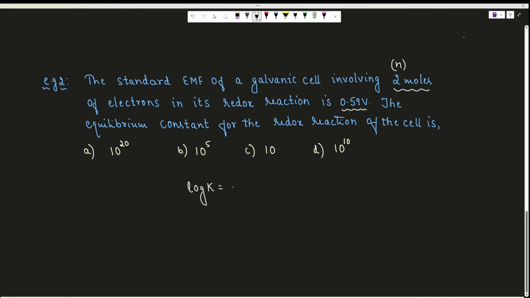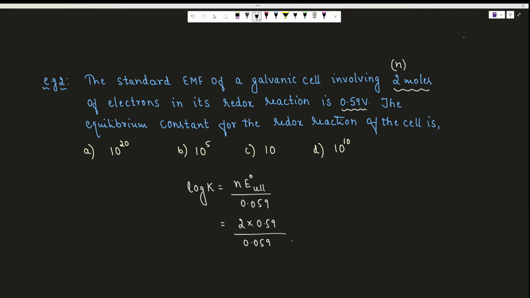So log K is equal to n E naught of cell divided by 0.059. Now let us substitute the values. n is 2 here, E naught of cell is 0.59, divided by 0.059. If you shift the decimal here, it becomes 0.59 into 10 power minus 1.